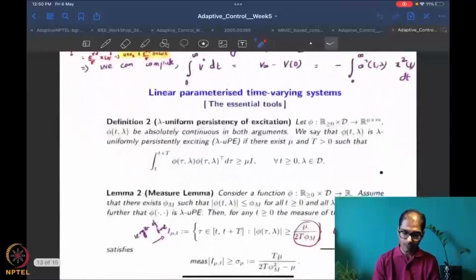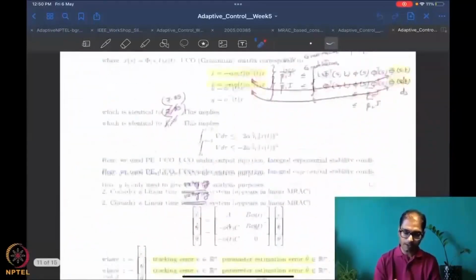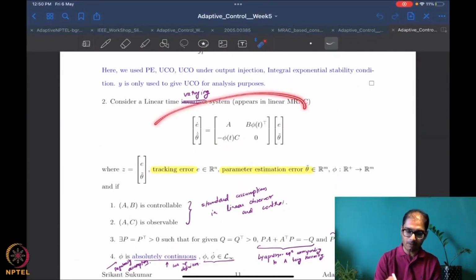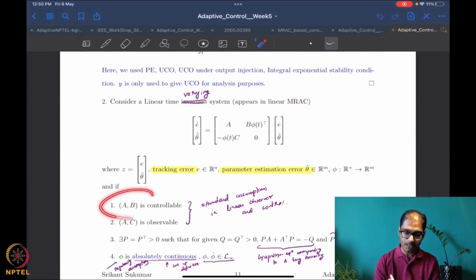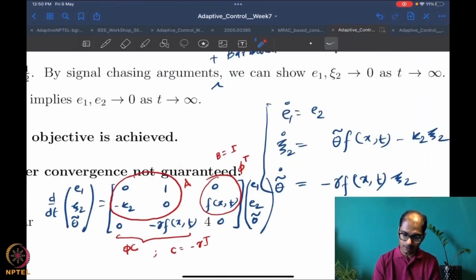But we have good hope that we can mimic this, because (A, B) being controllable and (A, C) observable is pretty easy, and A being stable. You can see A is already a stable matrix, very obvious. (A, B) being controllable is not difficult. (A, C) being observable is also not difficult to prove.